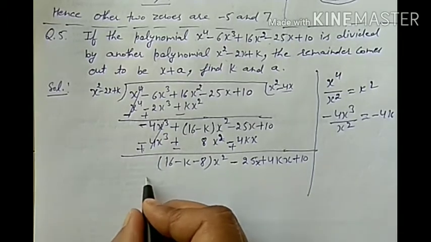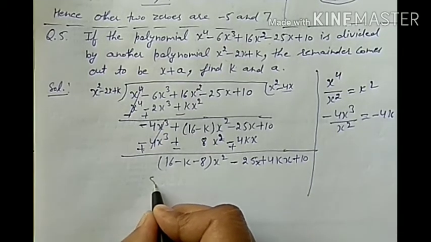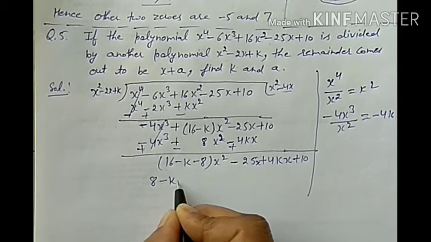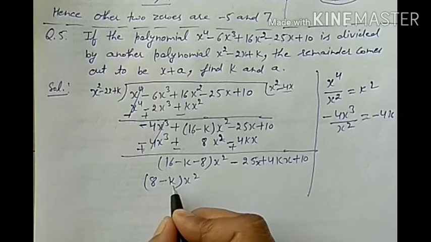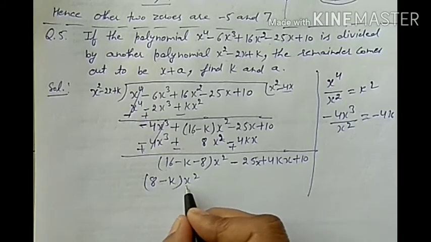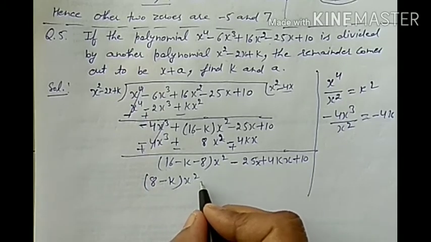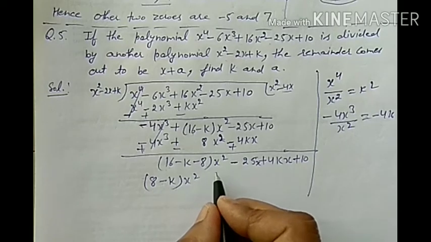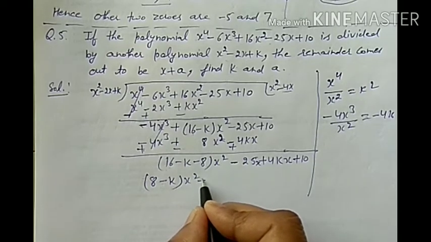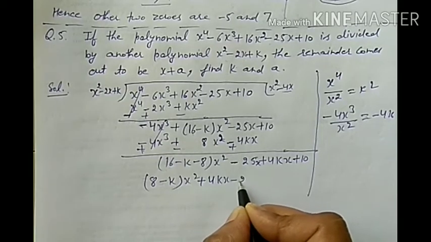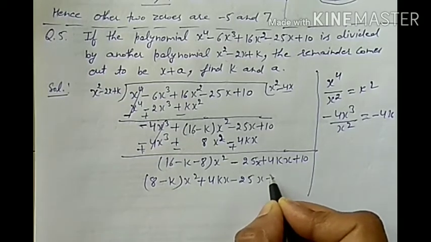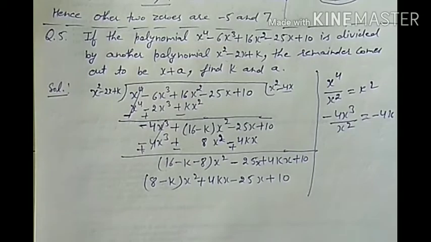It will be equal to 8 minus k x square, 16 minus 8, 8 minus k, and x square as it is, minus 25, we can write plus 4kx minus 25x plus 10.